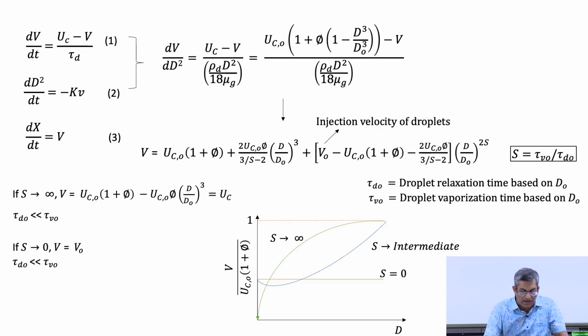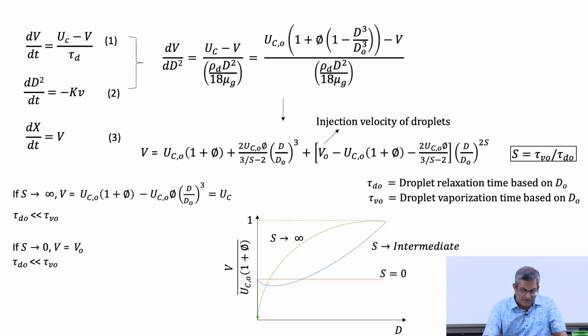But here I am showing the non-dimensional particle velocity with particle size. Here we don't get any information about the length. Here we are only seeing how velocity varies with particle size, that's all. So now you see this case where S tends to infinity, the plot is like this.